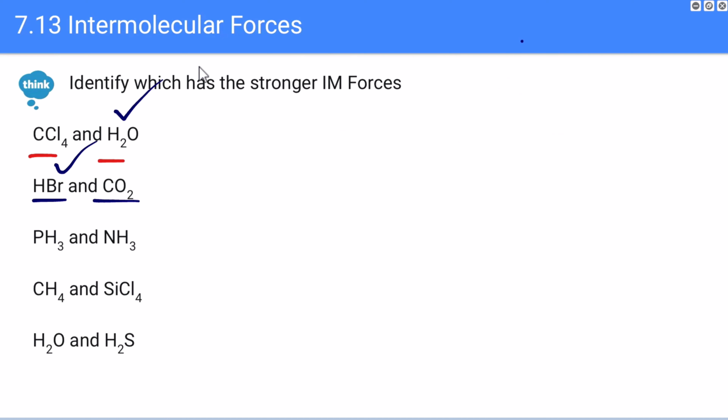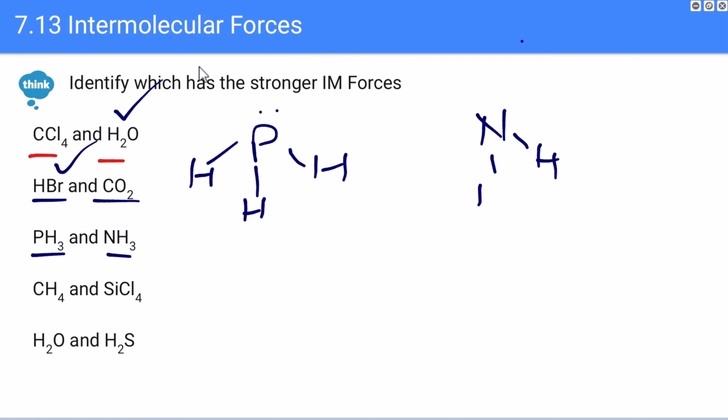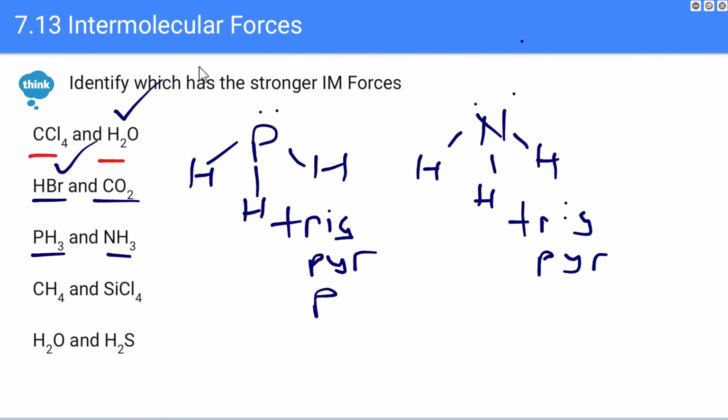All right, let's get these erased. Move on to the next one, PH3 versus NH3. So let's draw these out. And NH3 over here. All right, they are both trigonal pyramidal. They are both polar. Again, that single lone pair on that central atom is an indication of polarity, at least for my class.